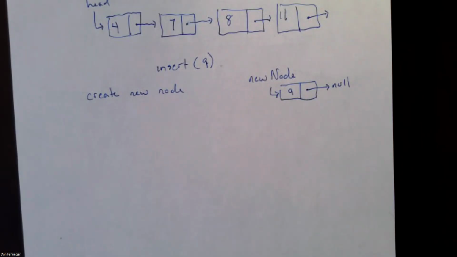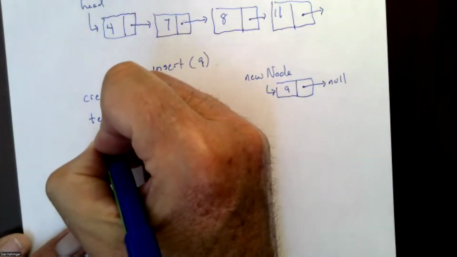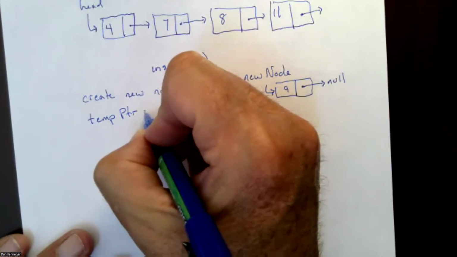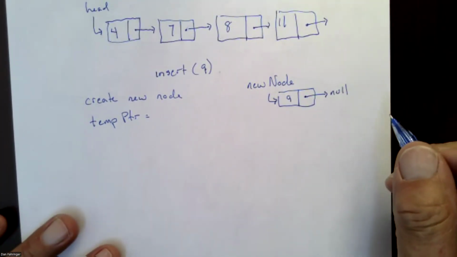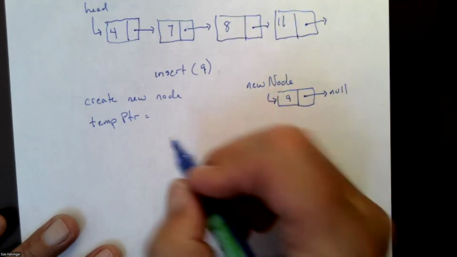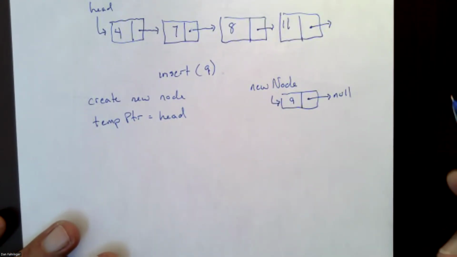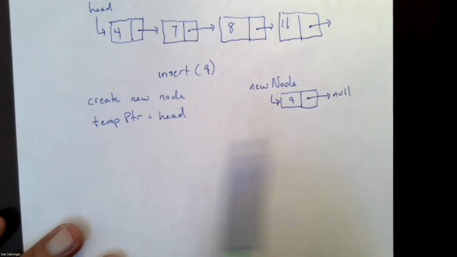What do we need to move through a linked list? A pointer? Yeah, I'm going to need some sort of pointer, and we may have a line of code that says temp pointer gets a value of head. Oh, very good. Again, these are my notes, but if I actually had to type this up later, it would be hopefully pretty good.